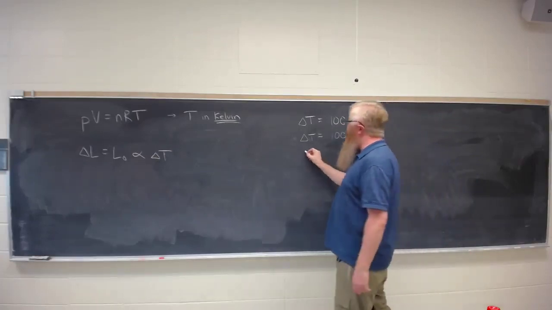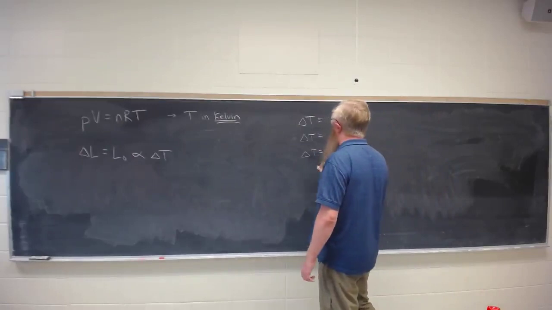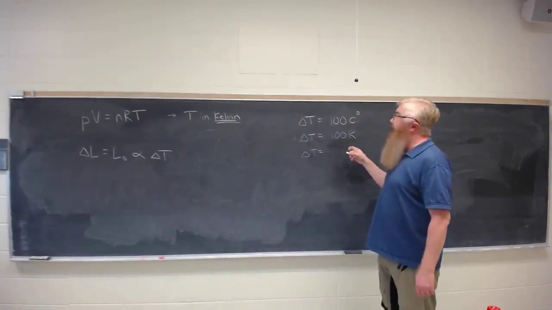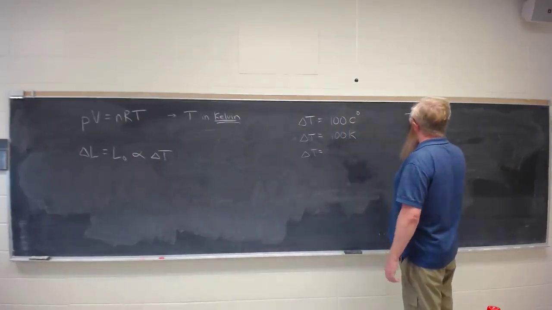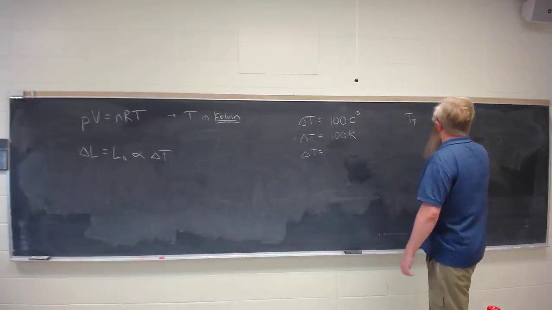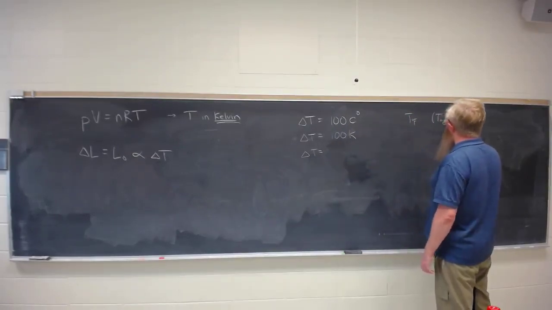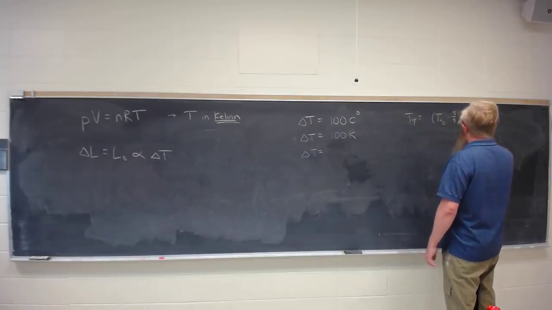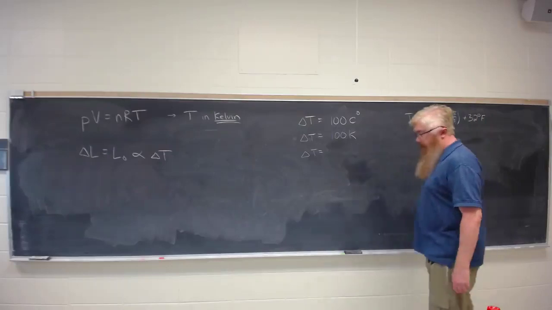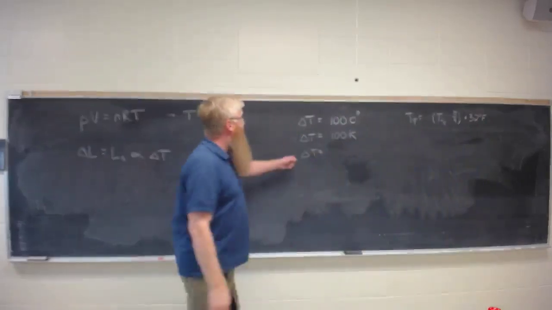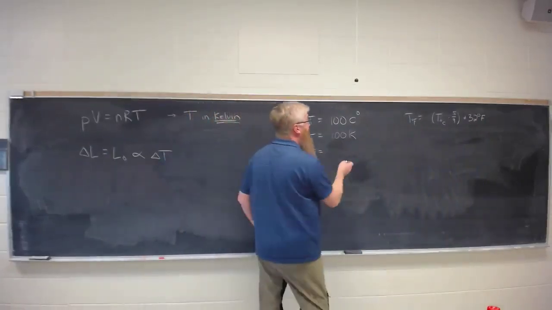Additionally, if I gave you the temperature difference in Fahrenheit, again, converting to Fahrenheit, temperature in Fahrenheit, take your temperature in degrees Celsius, multiply it by 5/9, and add 32 to it. But a temperature difference, you just multiply by 9/5.